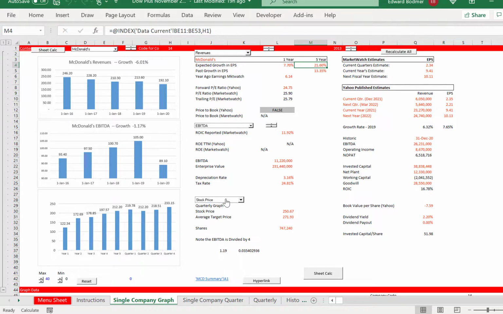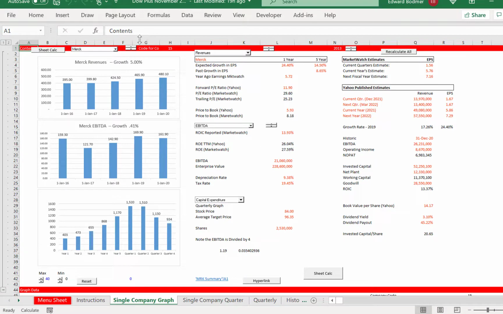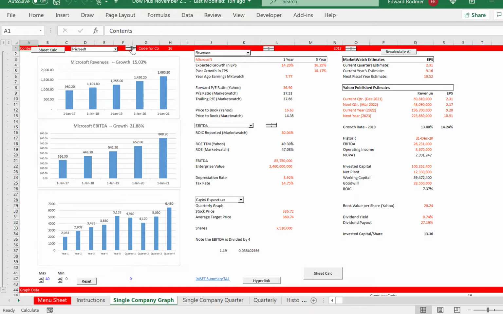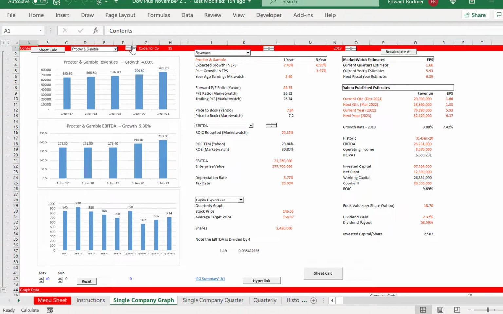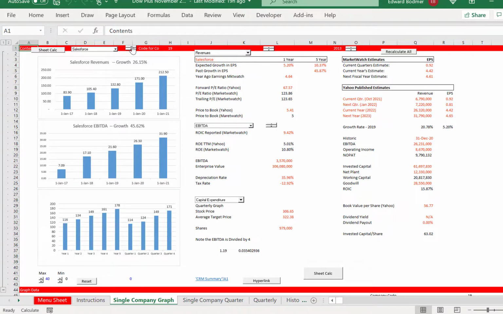And I need to put CapEx back down here because what we're going to see is that typically the CapEx has been really declining. Revenues down. Revenues go up. Okay, Microsoft is, of course, a big exception. And then we have Nike and Procter and Gamble and Salesforce.